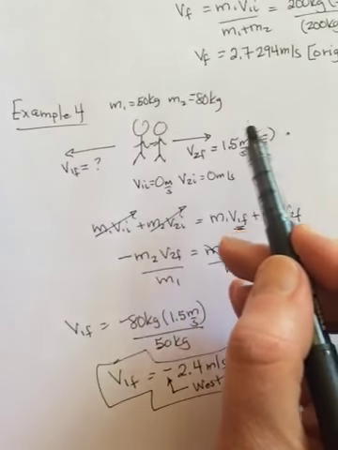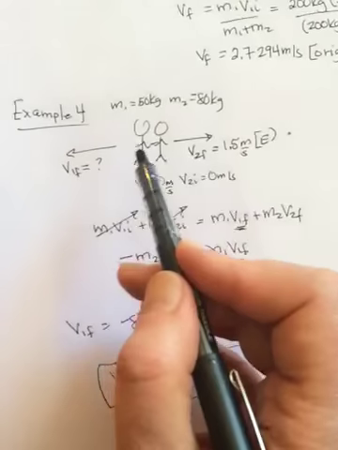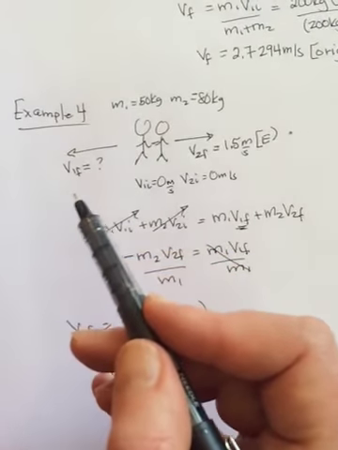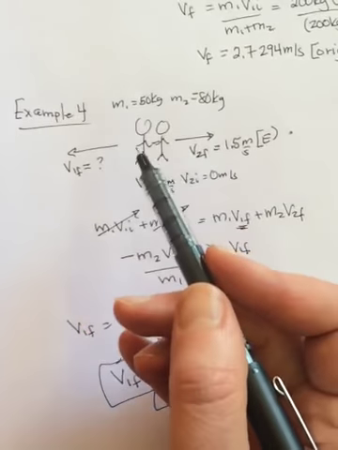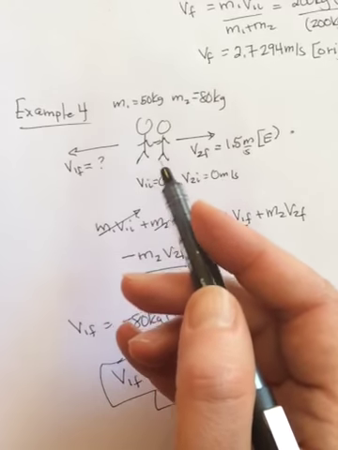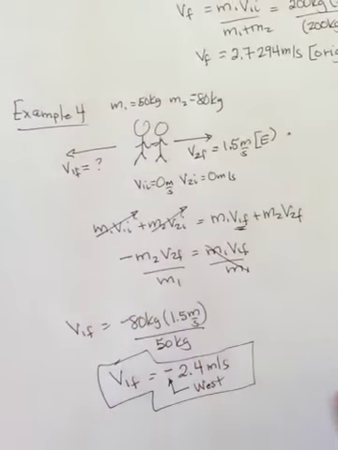The bullet is really tiny and has a really high speed. The gun is larger, so the speed it kicks back with is not as big, which is good for the person holding the gun. But if you're holding it against your eye or your shoulder, you might end up with a bruise from the kickback.